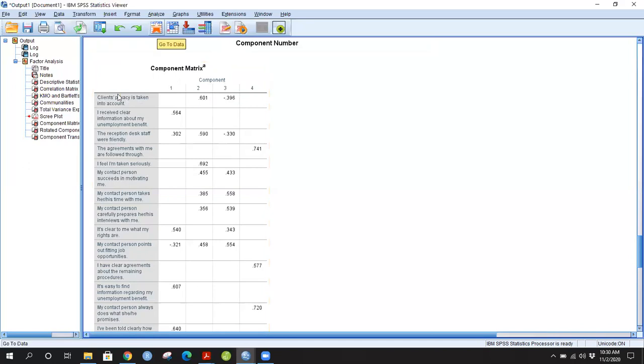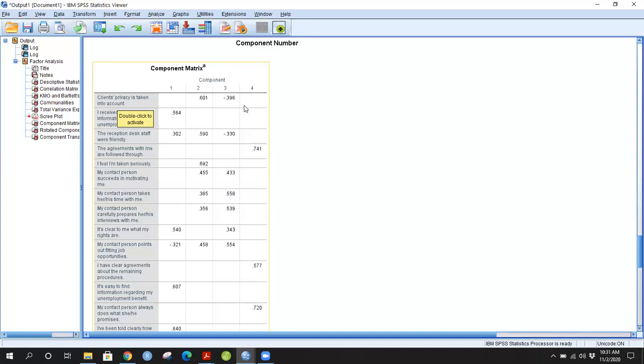Okay, so each variable is going to have some meaningful relationship with a factor. Now this particular variable should have the maximum meaningful relationship with a particular factor, such that each variable will load onto one and only one particular factor. It shouldn't be the case that one variable, for example client's privacy, loads on two factors.